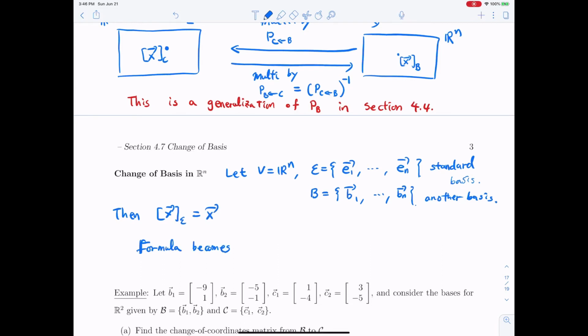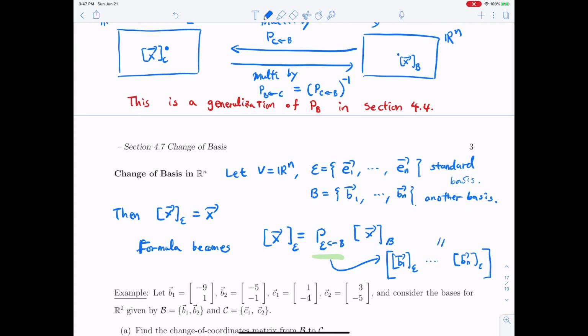Then the formula becomes: the E coordinate for X equals the coordinate transformation matrix from B to E multiplied by the B coordinate for X. But here, we know that this matrix consists of columns given by [B sub 1] sub E through [B sub n] sub E. But this is indeed the same as the matrix defined by B sub 1 through B sub n. And this is because the E coordinate of any vector is the same as itself.